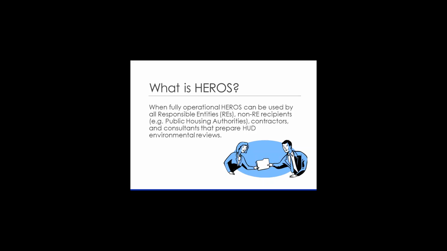At this time, only HUD staff can access Part 50 environmental reviews in HEROS. But long-term, it is going to be accessible to everyone involved in the environmental review process, including consultants, contractors, and public housing authority staff, and you'll be able to share that environmental review process all within HEROS.